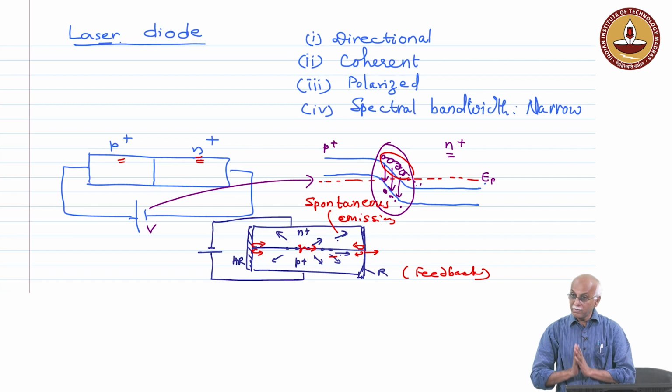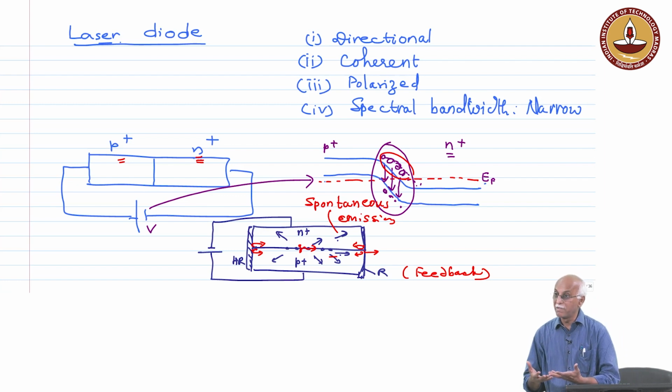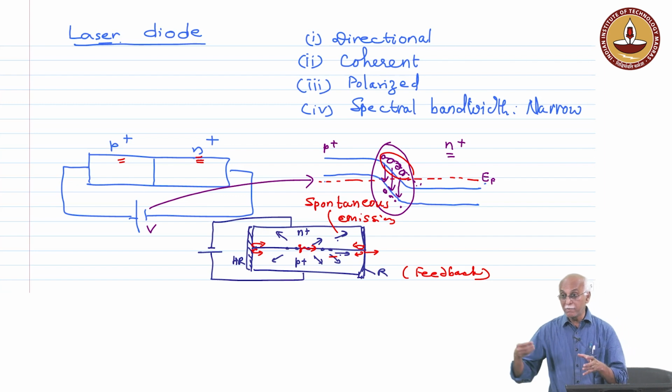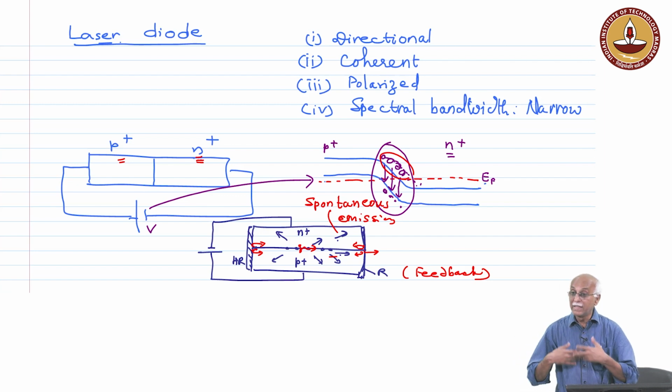But under some special circumstances, when stimulated emission is comparatively prominent or dominant, we will see amplification of light coming into the picture. But for that, feedback becomes essential to have laser output.